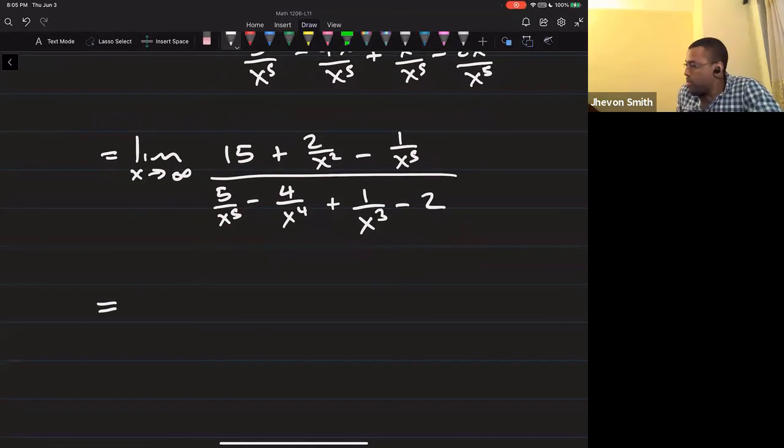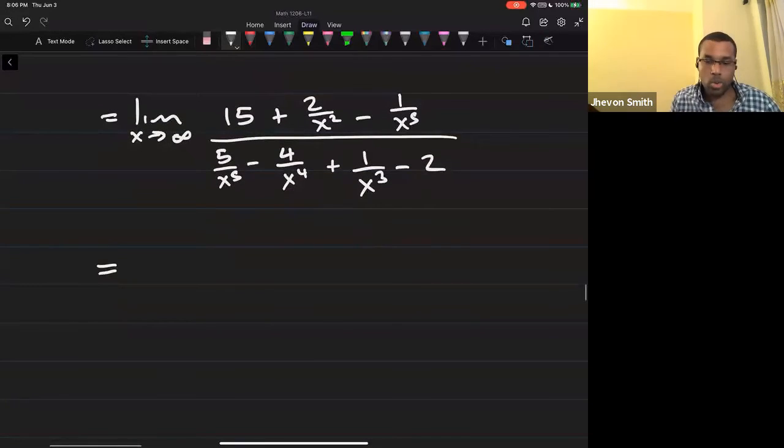Now it turns out that limits have nice properties, which I'll tell you about afterwards. Limits can distribute themselves across the numerator and the denominator of a fraction, as long as the limits exist when doing so.